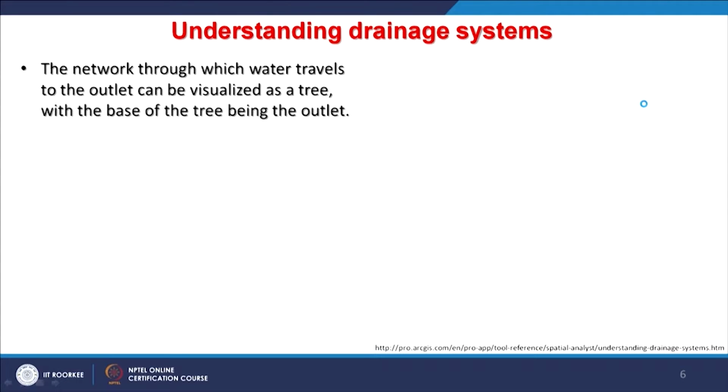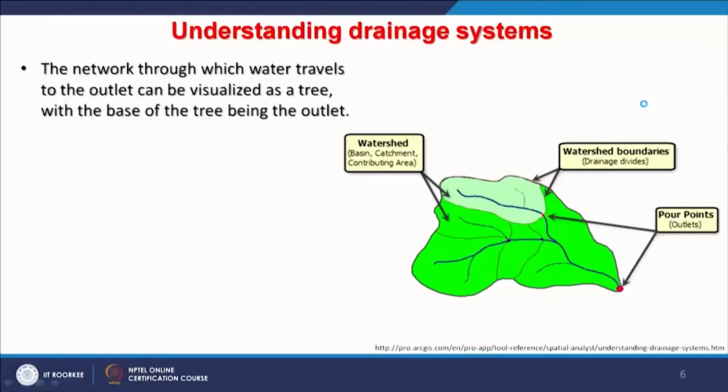Now these drainage network or stream network which we see in the form of these, generally they are represented in maps in blue lines or black lines. This network, the drainage network through which water travels to the outlet, can be visualized as a tree with the base of the tree at the outlet, as you have also seen here.